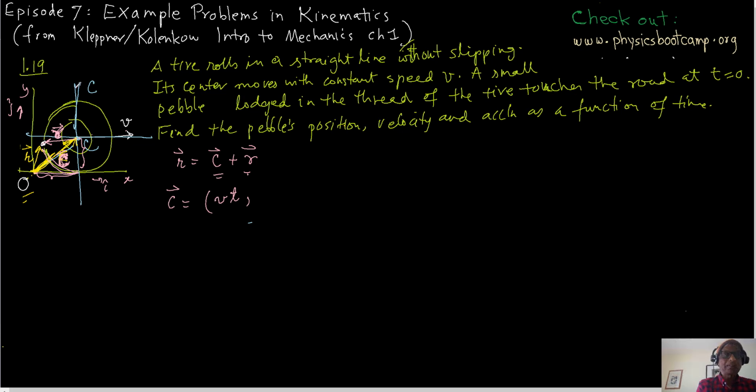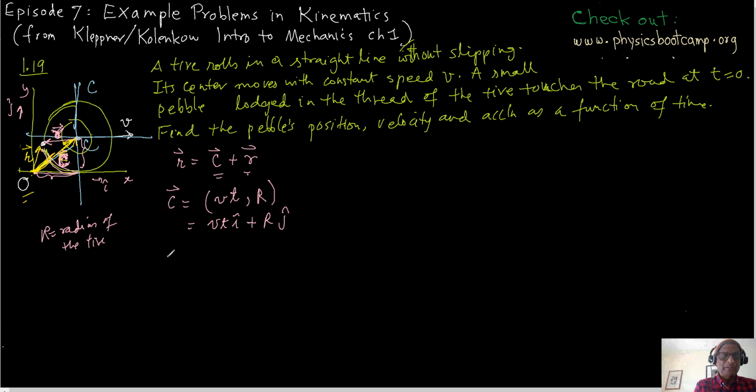In the y-axis, it's constant, whatever the radius of the tire is. The radius of the tire is not given. Let's call it r equals the radius of the tire. Or if you want to write it down in terms of I hat and j hat, it will be like that in terms of the vectors, right?